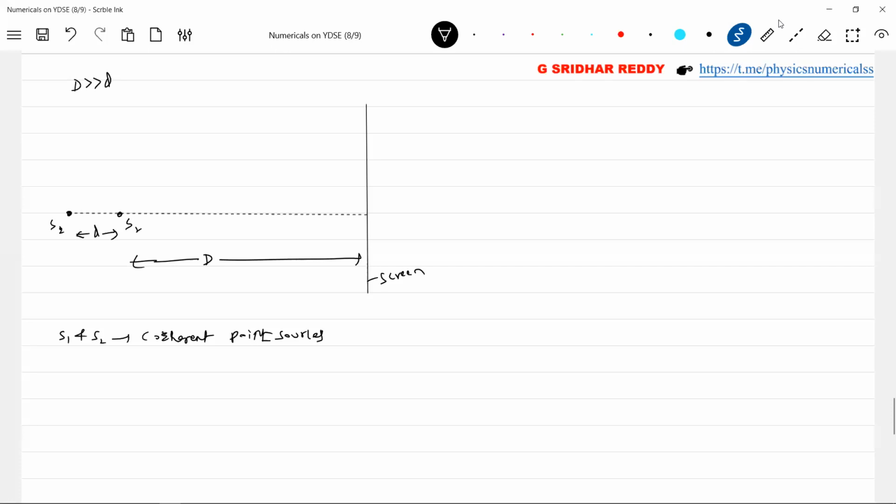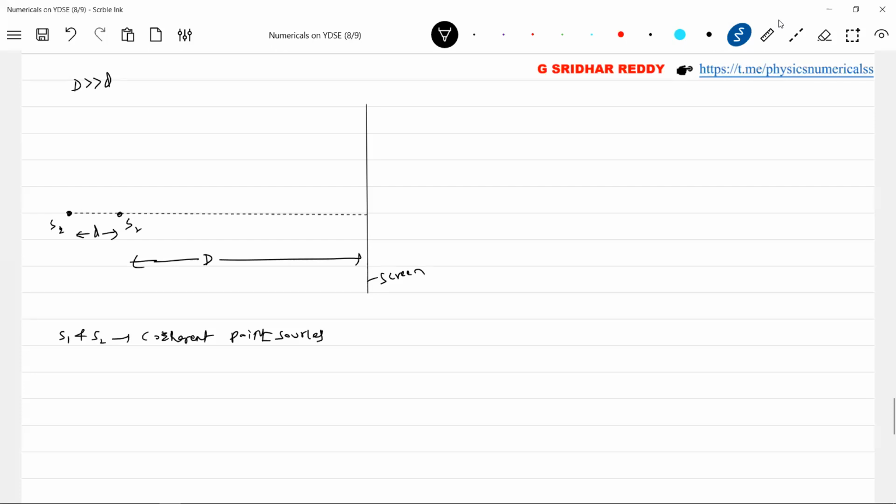What is the methodology we should work out here now? Try to think in terms of mathematics. They are like a not-slit point source.